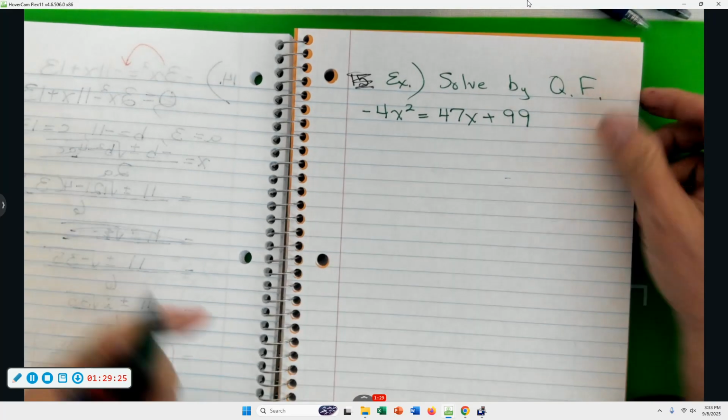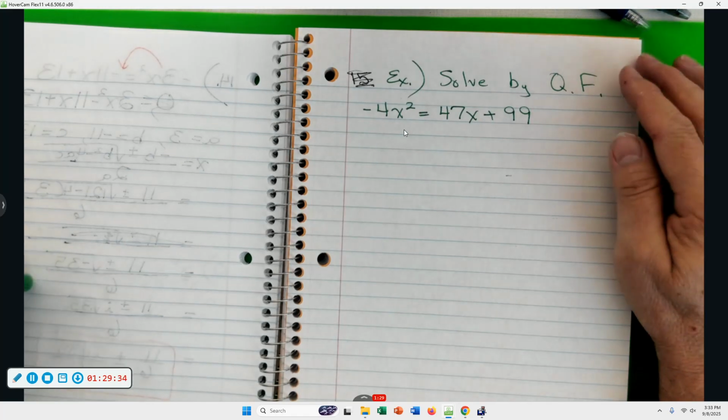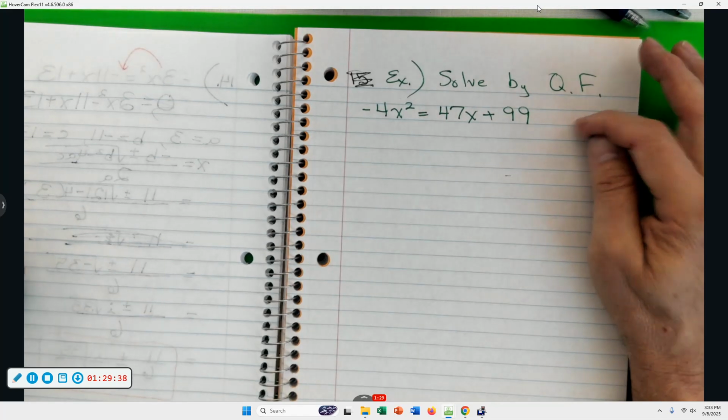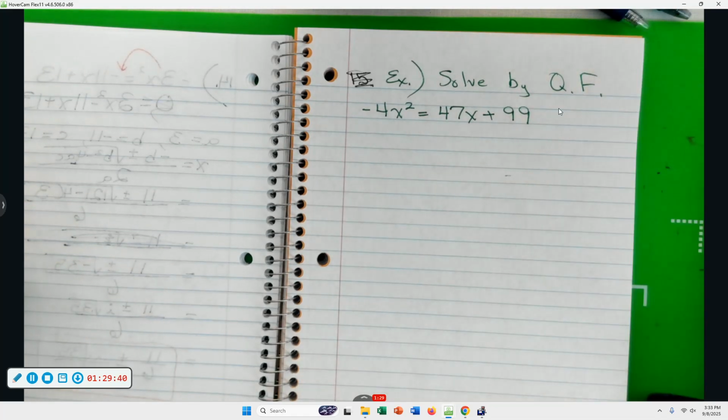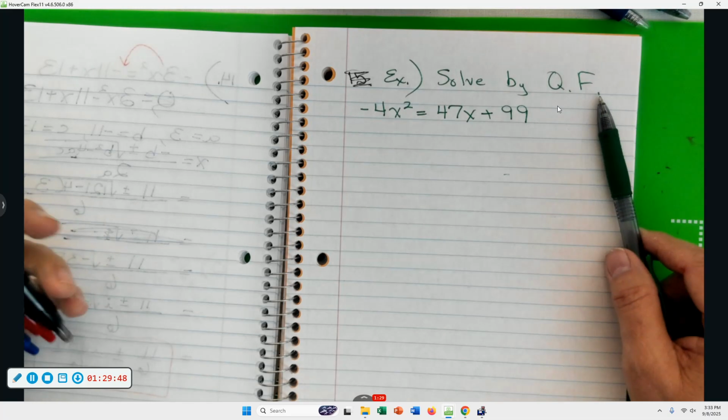It turns out this problem is factorable. But I'm afraid that if you ran into something like this, it'd take you an awful long time to figure out the factorization. So even if it's factorable, the quadratic formula will work. That's what I want to show you.